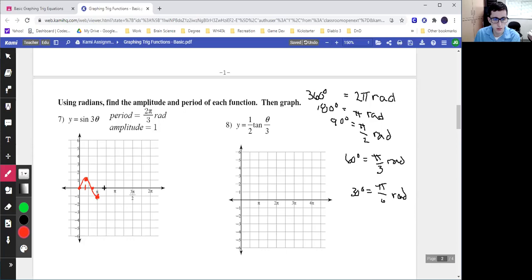Actually, it might be here, right? Then you plug this into here, and it'll count as 2 pi, right? The threes will cancel, and you get the 2 pi, which is the full rotation. So that's going to be back up to 0. So here's our period.